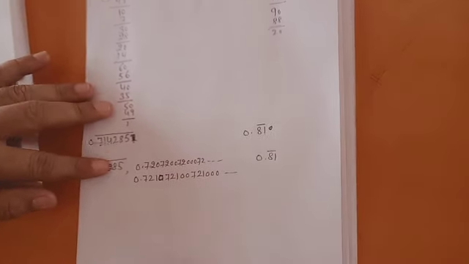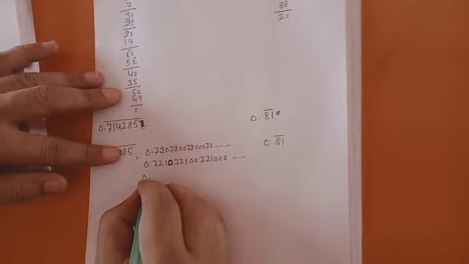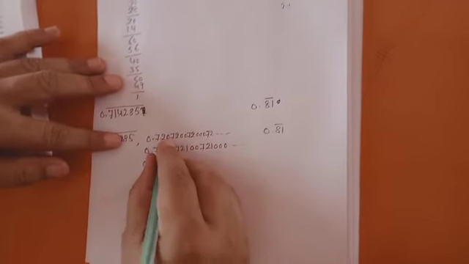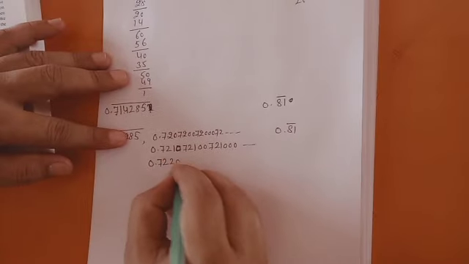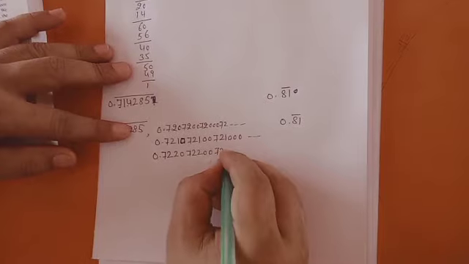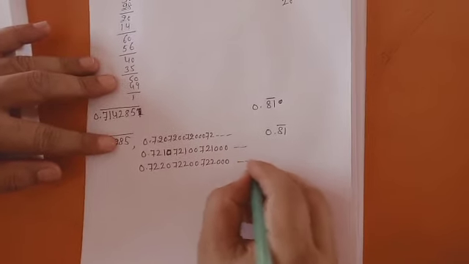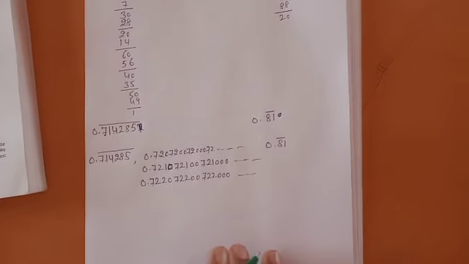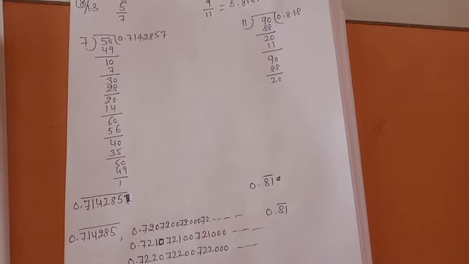Continue like this. Another irrational number: in place of 0 here 1, here 2, you can take 0.722 00, 0.722 000. Continue like this. In this way you can find infinitely many irrational numbers between two rational numbers.